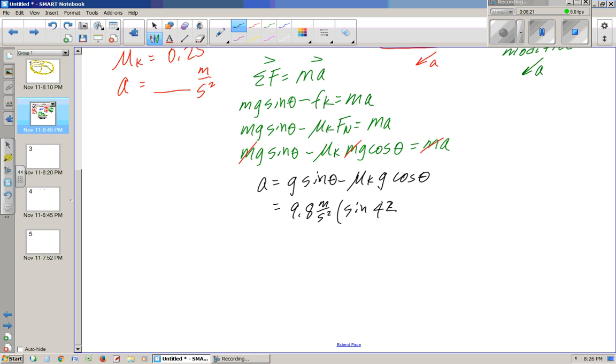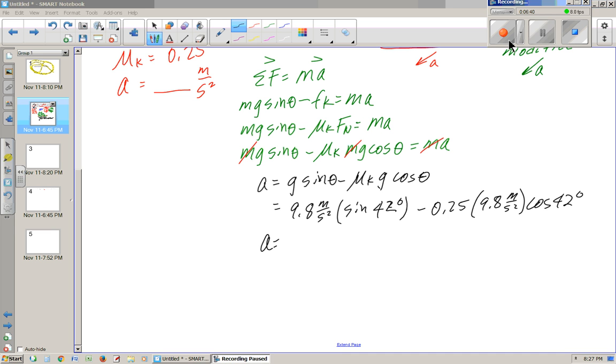Oops, 42 degrees minus mu k, which was 0.25 times 9.8 meters per second squared times the cosine of 42 degrees. And then all we have to do now is do a little quick calculation.